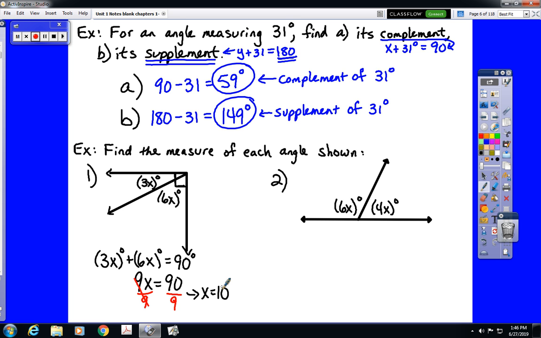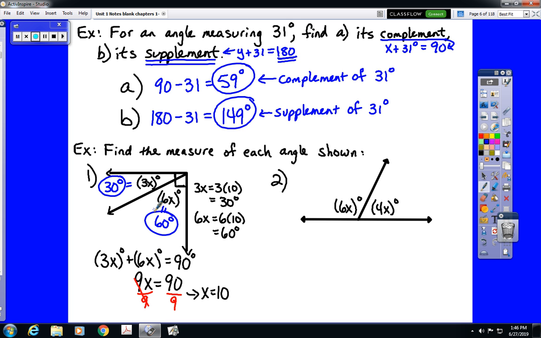So we have a 3x angle, which is really 3 times 10, or 30 degrees. And we have a 6x angle, which is 6 times 10, or 60 degrees. So our two angles are a 30 degree angle and a 60 degree angle.